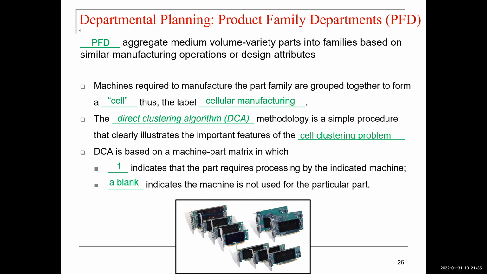A blank or a 0 indicates the machine is not used for the particular part. Okay, so as I mentioned, you have multiple products that are similar. They will have a route sheet, a route that they have to follow in the production facility. 1 will mean that you need to use that machine or that process. 0 will mean that you can skip that machine or that process.